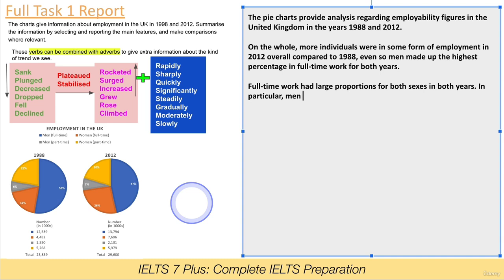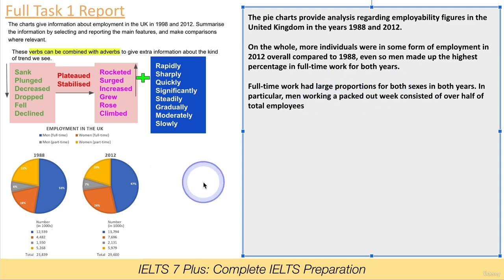Men consisted of over half of total employees, men, we could say, working a full week, a packed out week, consisted of over half of total employees in 1988. 53%.